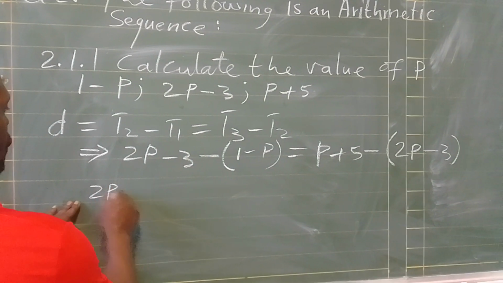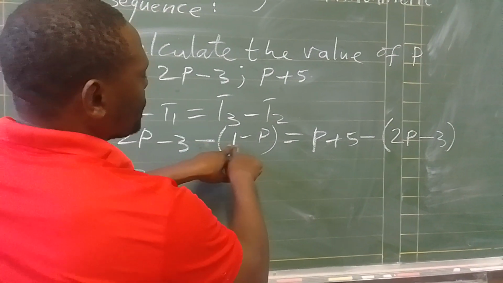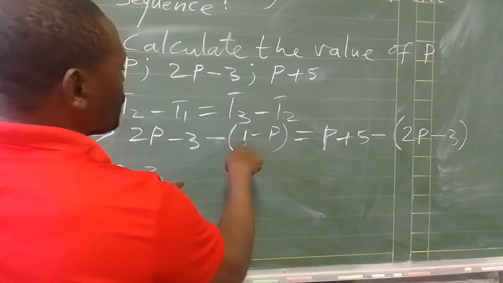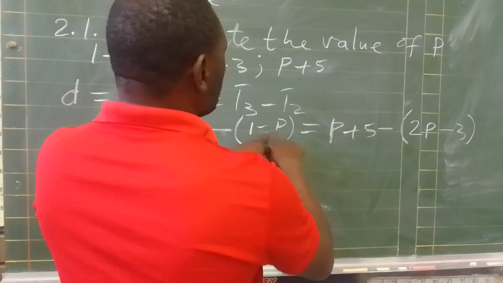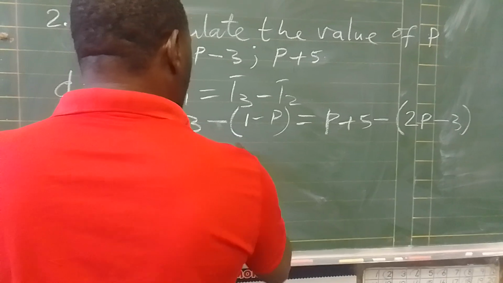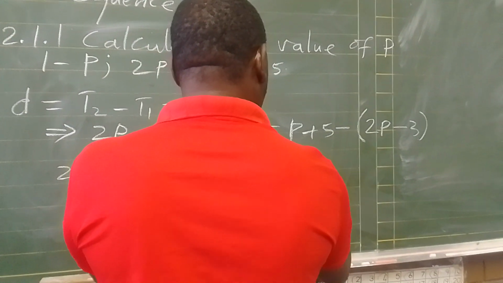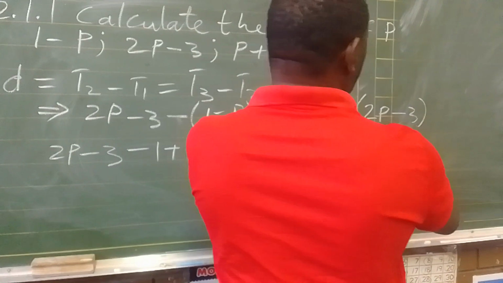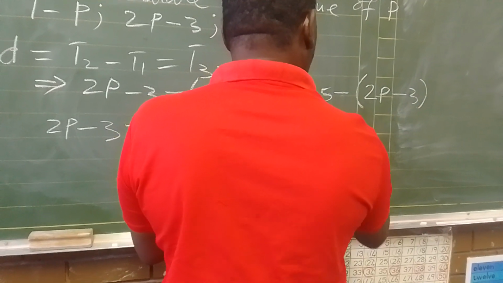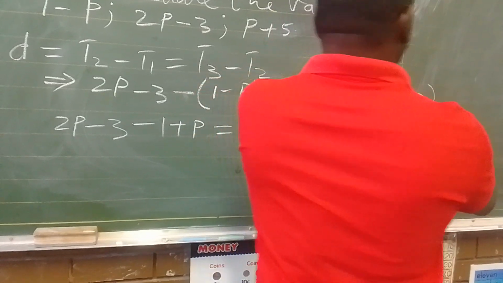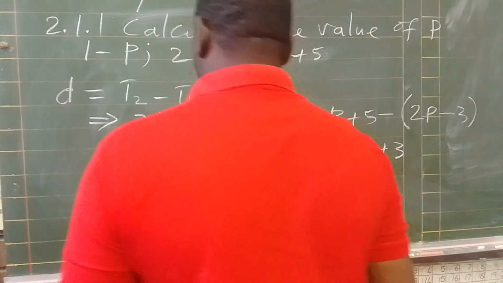Multiply the negative into the positive 1, it's negative 1. A negative times negative P is positive P, equal to P plus 5. A negative times a positive 2P is negative 2P. A negative times negative 3 is positive 3.